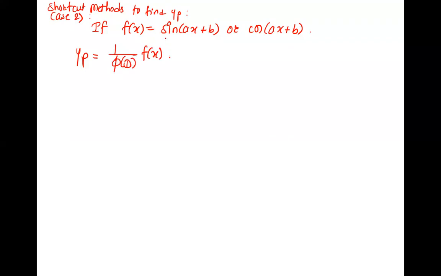Okay, but whenever the function is sine or cos, pay attention everyone. First it was e or constant or like that, right?